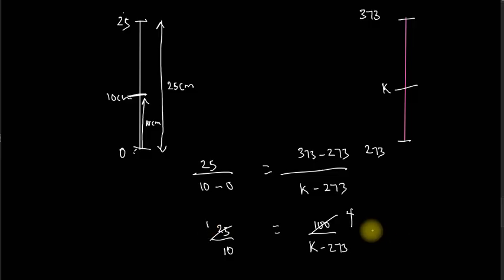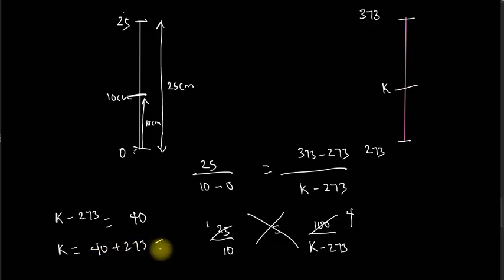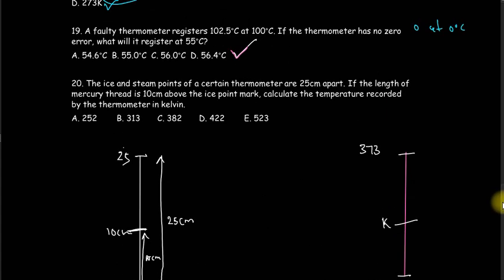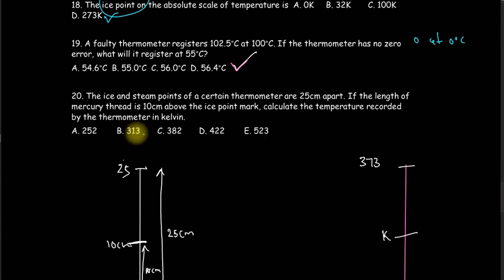So we have 1 over 10 equals 4 over K minus 273. Cross multiply. 10 times 4 is equal to 40, and therefore our final answer is 40 plus 273, which is going to give us 313, if I'm not mistaken. So let's see our options. Yes, we have 313. So this is the correct answer, B.